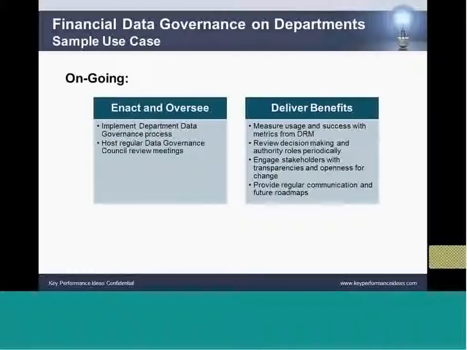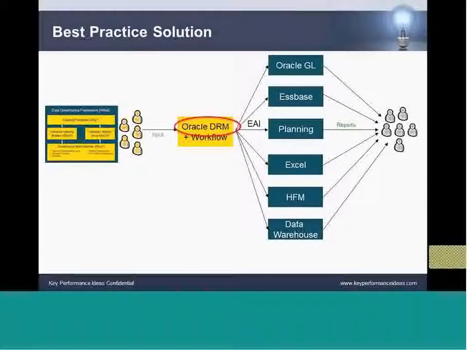And obviously, you need to review the decision-making authority from time to time. You need to engage with stakeholders and provide some communication and roadmaps. So these are all important parts of making sure that data governance will work for you. So following from an earlier diagram, we now have a little bit more complete best practice solution.